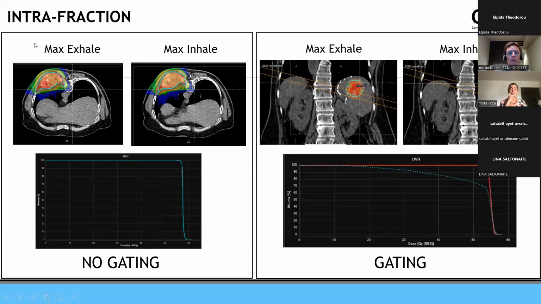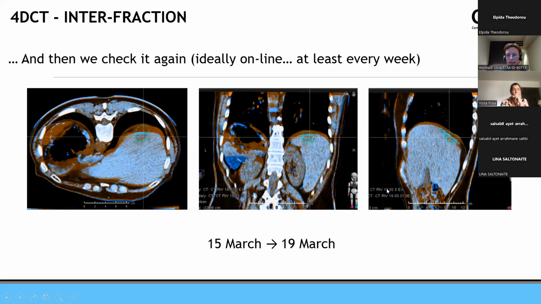So this was calculated on maximum exhale and recalculated on maximum inhale, and there was basically no difference. This patient was treated without gating, while for this patient, of course, the dose distribution is significantly degraded if you don't use any motion mitigation. And then you have to check it again.